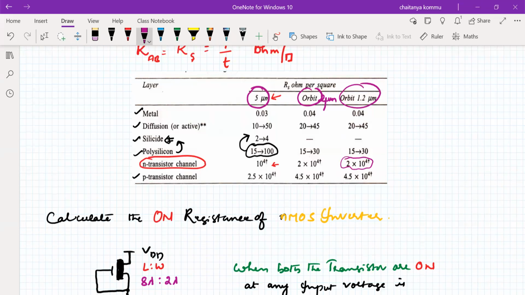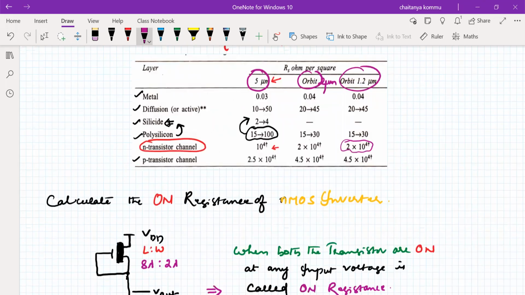If it is enhancement, the same value. If it is a depletion, 4 times it will be multiplied, and we have to add together. That means 4 times 2 is 8, plus 2 is 10. So 10 into 10 to the power of 4, that means 100 kilo ohms per square.